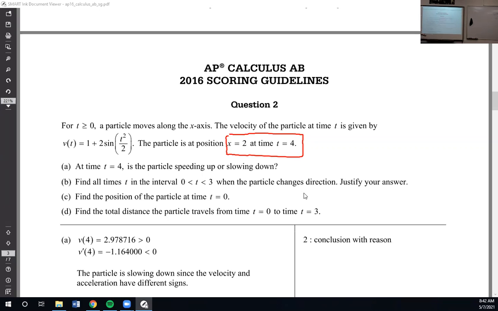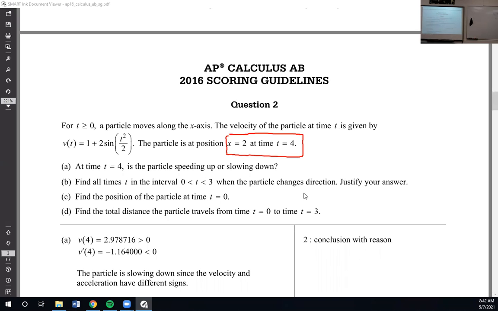Next, you'll hear me say this pretty often here over the next couple weeks. Make sure you are explaining things in terms of the function that they are giving you. So they're giving me velocity. So when I explain my answers, I'm going to explain it in terms of velocity, and I'm going to be specific about saying that I'm talking about velocity. So when does the particle change direction?